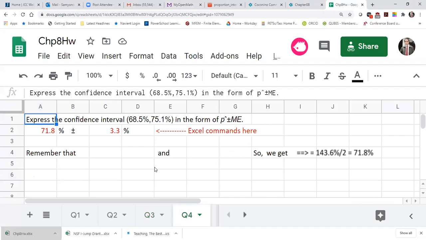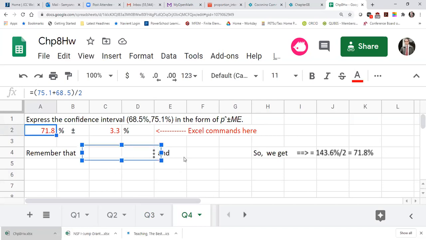The way to find the margin of error is, the first thing you need is p hat. The one that you know is the confidence interval. On the left side you subtract the margin of error from p hat, and on the right side you add the margin of error to p hat.